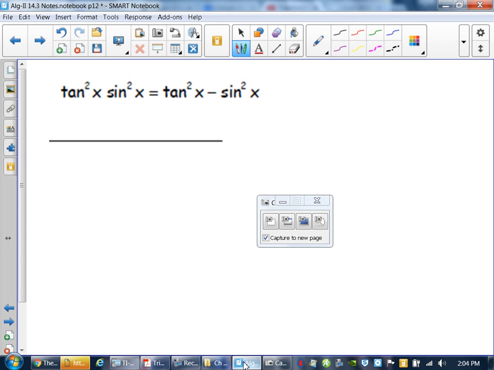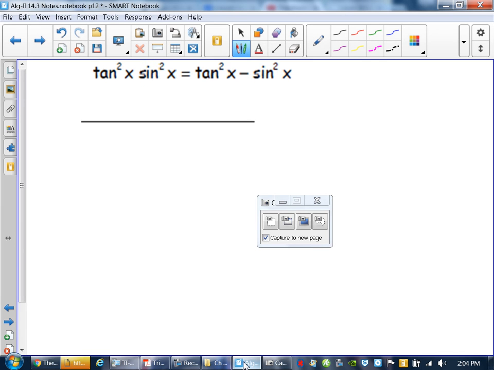to get a subtraction, which means sine squared is 1 minus cosine squared. This is how I'm going to get my subtraction. So what I do then is I rewrite as tangent squared times 1 minus cosine squared. Okay so far? Now, when I do that, that's just telling me to distribute.